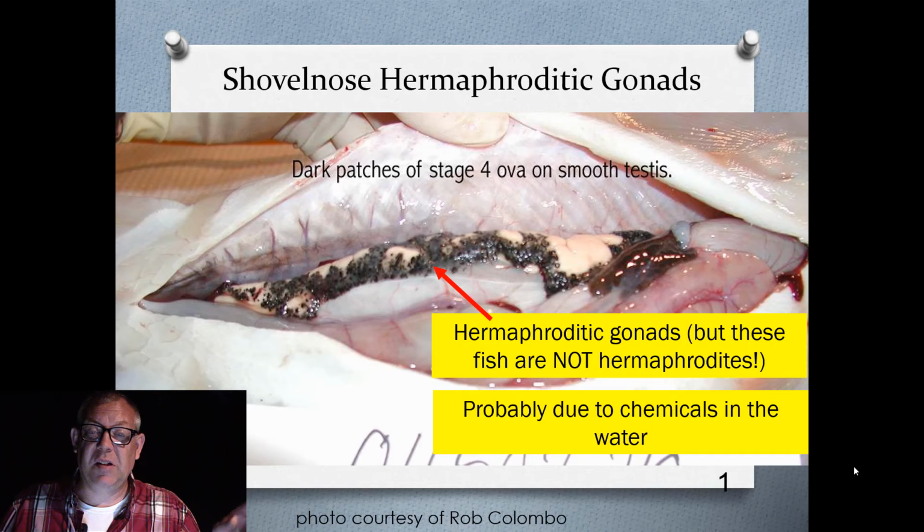There are lots of species that are simultaneous hermaphrodites. This ain't one of them. And so that's why he was studying them, because this is not supposed to happen. Probably this is due to chemicals in the water. There's lots of herbicides and other chemicals that we spray on land, and then it eventually washes down into the water.